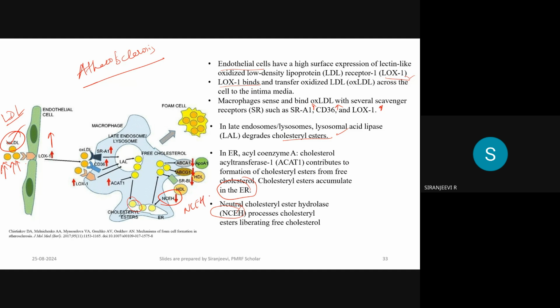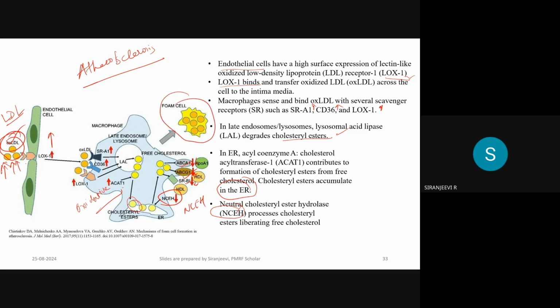Not only this, the transporters related to reverse cholesterol transport like ABCA1, ABCG1, and SRB1 are all getting downregulated during this oxidative stress, as more oxidized LDL is present. And this leads to more cholesterol esters in the ER that forms the foam cell of the macrophages.